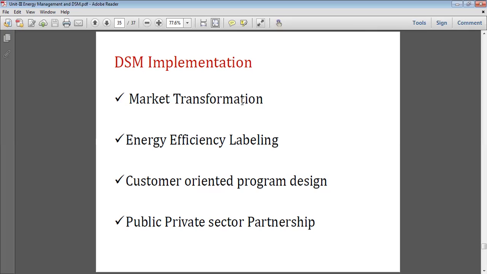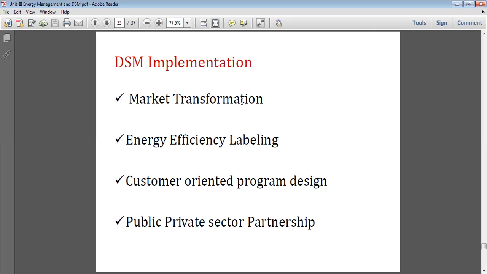And there is no environmental damage because of using a solar pumping system. So government provides some loan and some subsidy over solar panels and solar pumping systems, isn't it? And this is the way to implement demand side management.